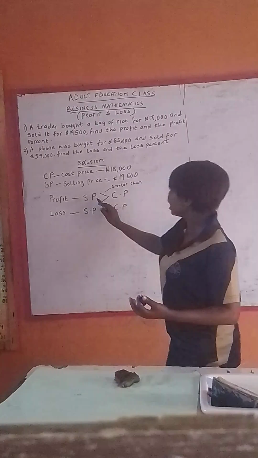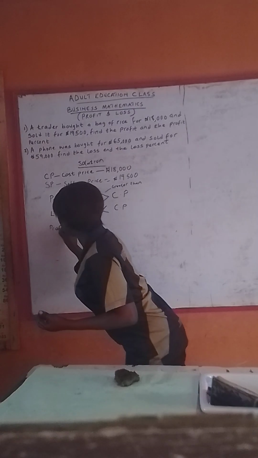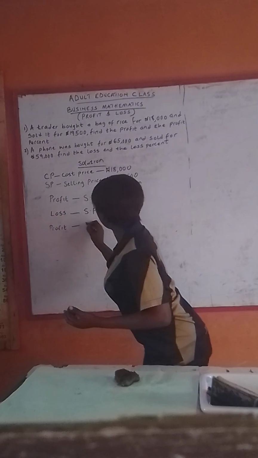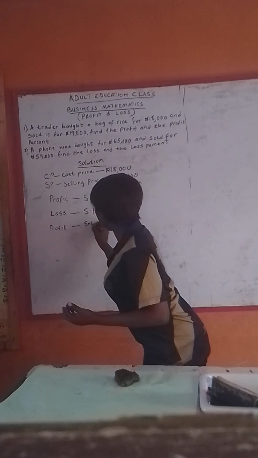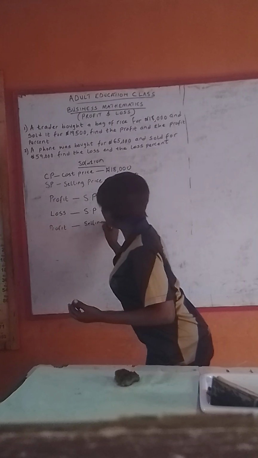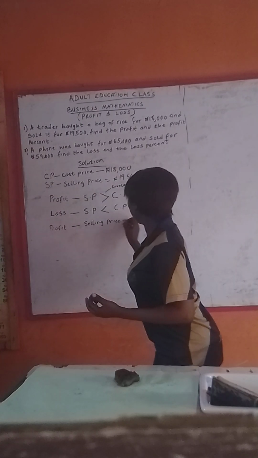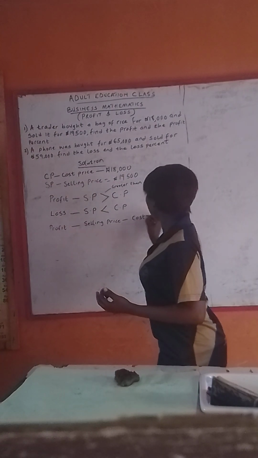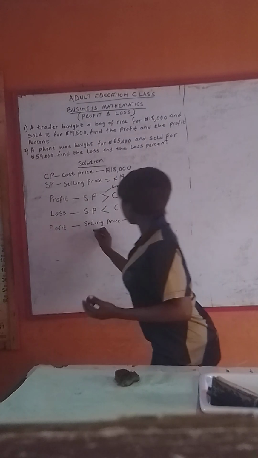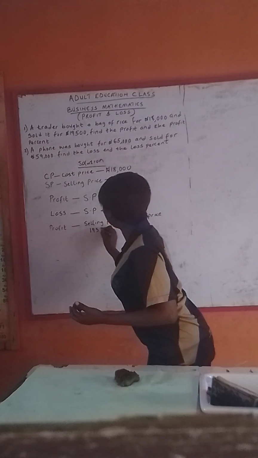So it shows that they made a profit. So profit here will be what? Will be selling price minus cost price.